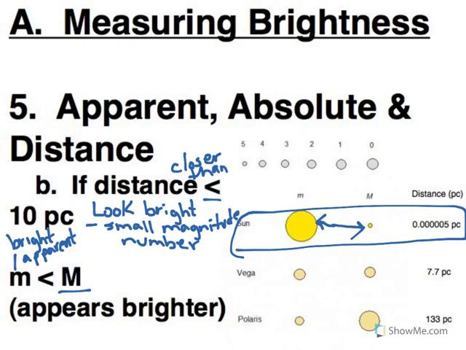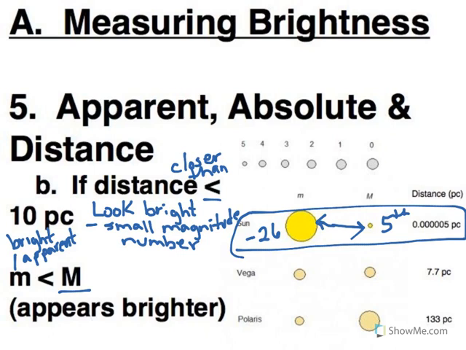For our sun, apparent magnitude, as we saw, was about negative 26. Absolute magnitude, looking at the relative scale here, looks like it's about fifth magnitude for the absolute value for our sun.